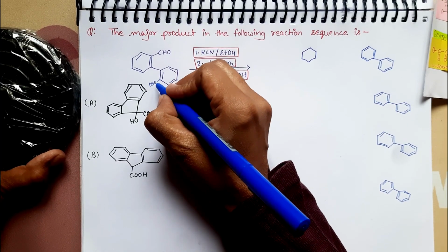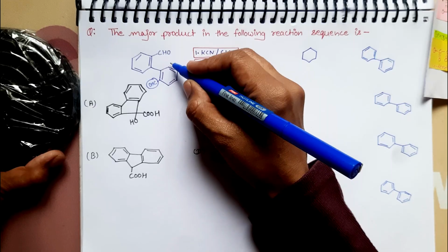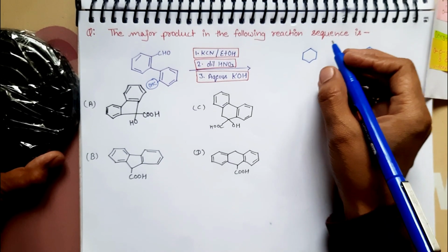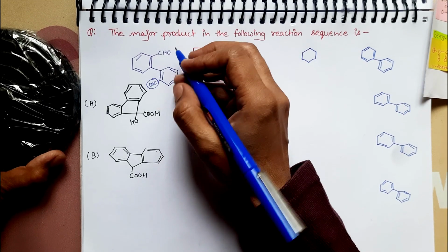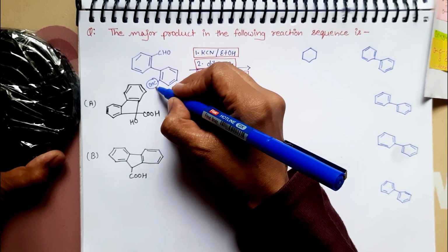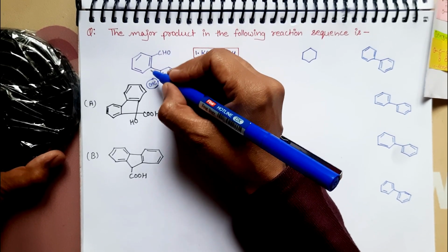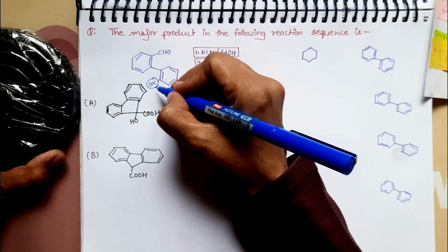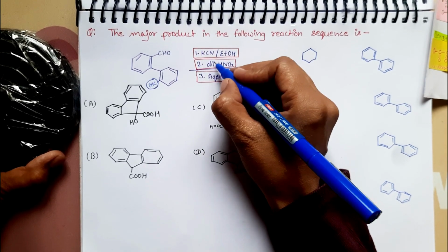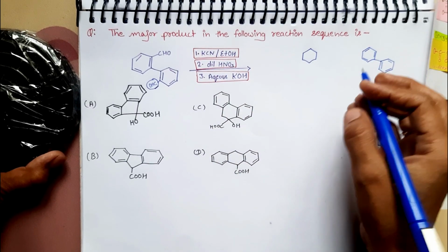So this aldehyde group comes here when we rotate this ring 180 degrees, and both aldehyde groups come in one plane. So we can proceed with our first step easily.